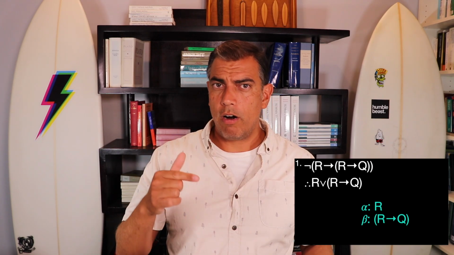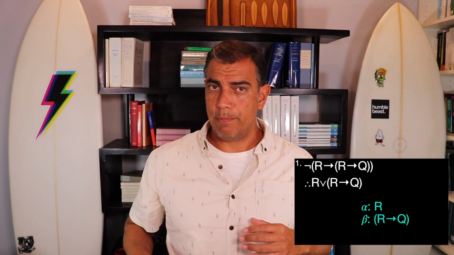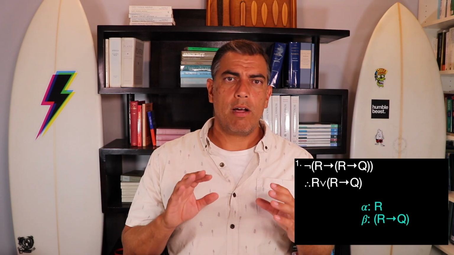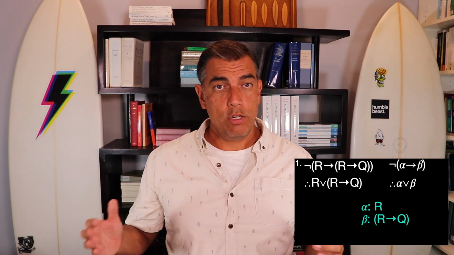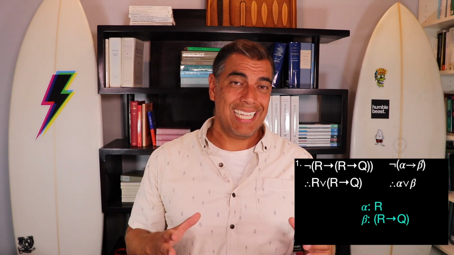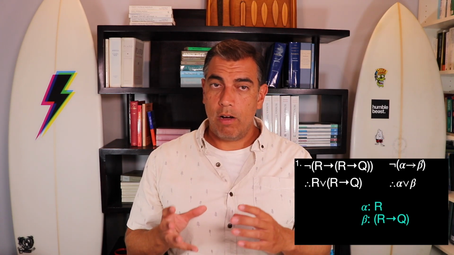Finally, let's notice here that we have that if R, then Q, in both the premise and the conclusion. And this time we'll make R be alpha and beta be if R, then Q. And so my new argument form reads: it's not the case that if alpha, then beta, therefore either alpha or beta.